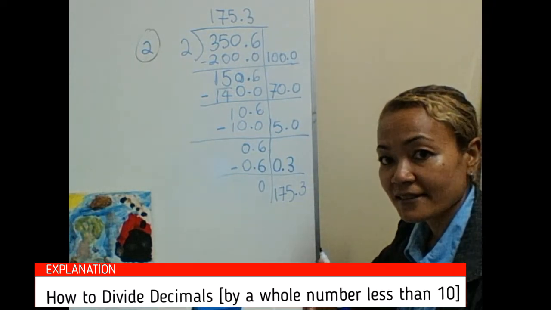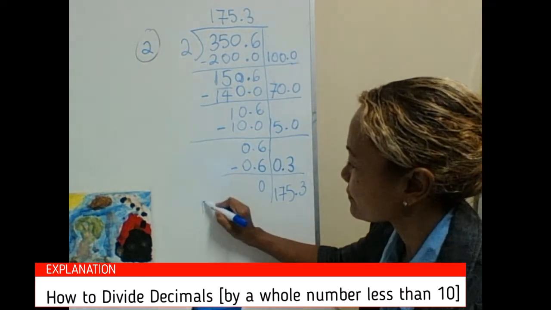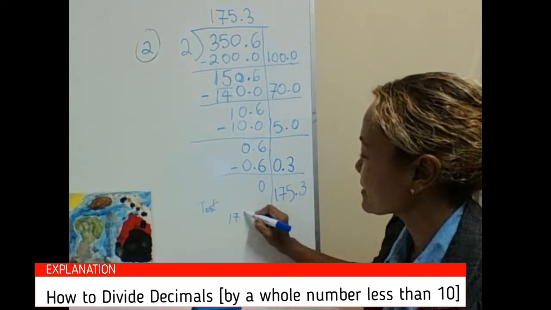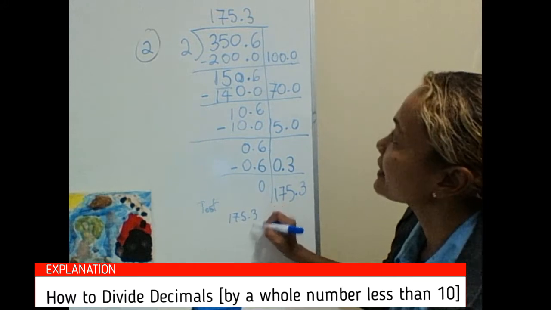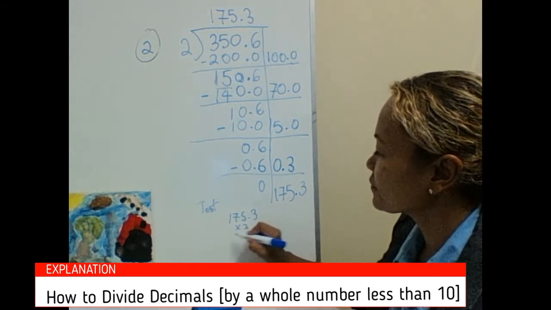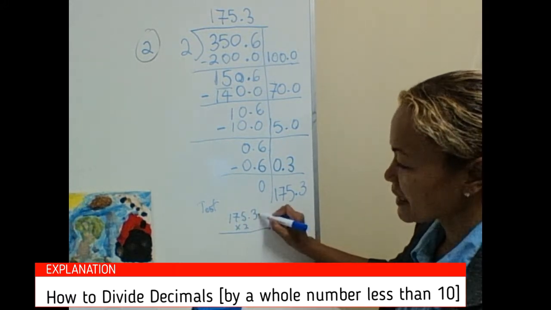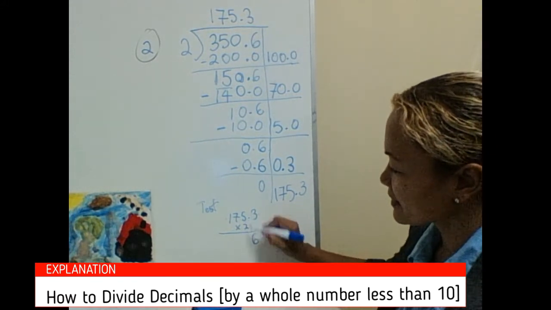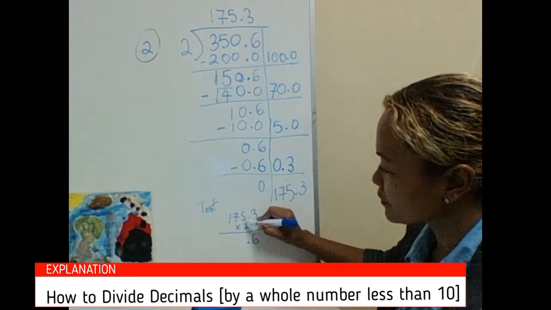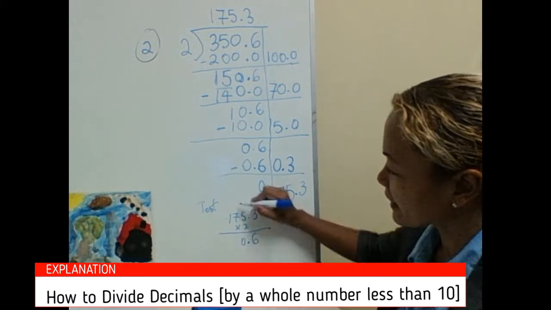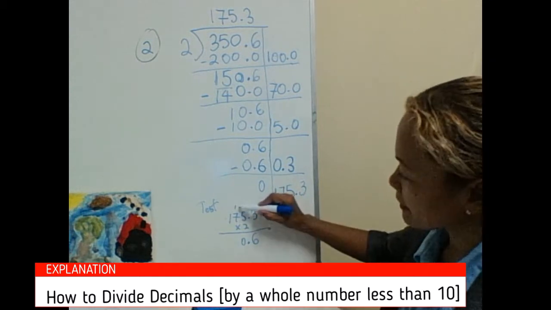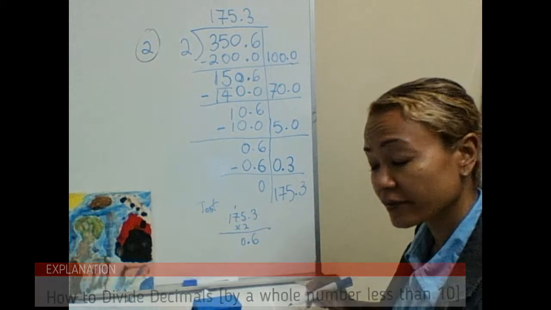Okay, let's test it just like before. 175.3 times 2. 2 times 3 is 6. As you cross the decimal point, put the point there. 2 times 5 is 10, put 0, carry 1. 2 times 7 is 14, plus this 1 you carried over, 15.